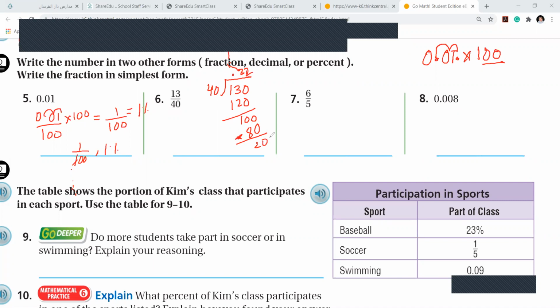So I put a 0 here and 40 times 5 is 200. So I get this as 0.325. Now 0.325, if I want to make it a percentage, let me do 0.325 divided by 100. Wait a minute.